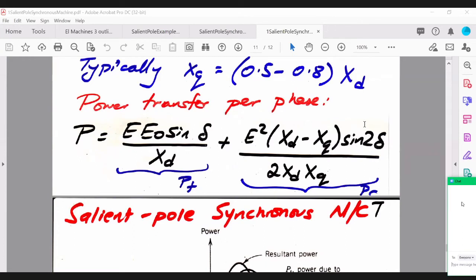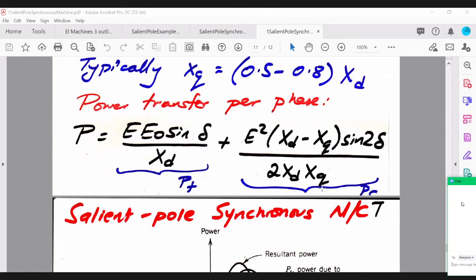So this is the salient part of the power: E squared times (XD minus XQ) sine 2 delta divided by 2 XD XQ.